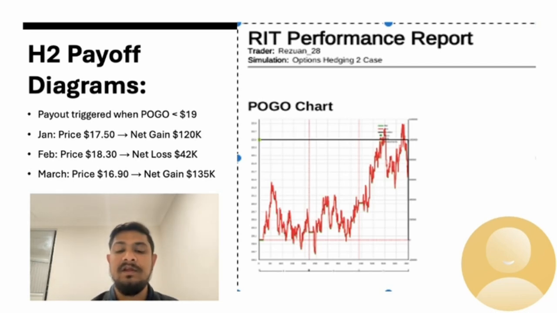In February, the stock rose to 18.90 and the put expired, resulting in a net loss of 14,000, just the cost of the premium. In March, the stock dropped again to 16.90 and the puts paid out, giving us a gain of 135K. So overall, the strategy effectively cushioned losses in downturns while preserving the upside in rising markets.